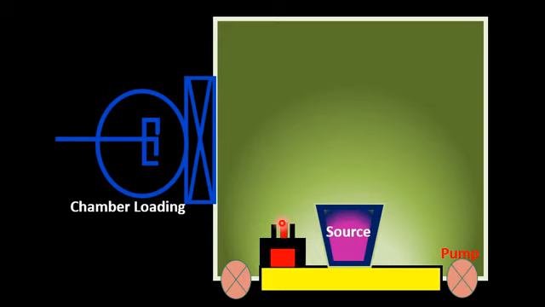Okay, so when the filament is heated, it generates electrons in the electron gun, which can go in a straight path. But since you know that magnetic poles interact with electrons moving in a straight path, the electrons are turned into a circular path, and they are directed onto the source material.